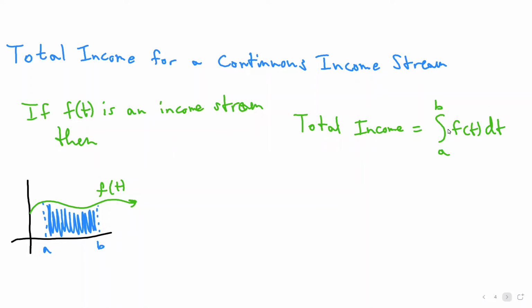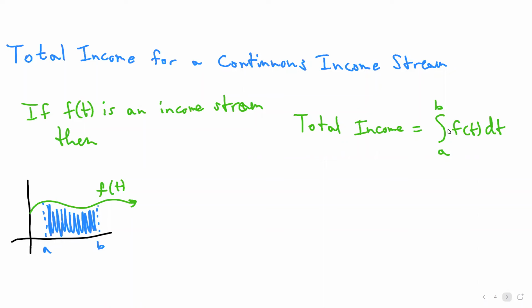If you take a particular range that you wanted to calculate your total income or total revenue for, you'd pick an A for your starting point and a B for your ending point, and integrate over that range to get your total income, or your R of T, for that particular interval.